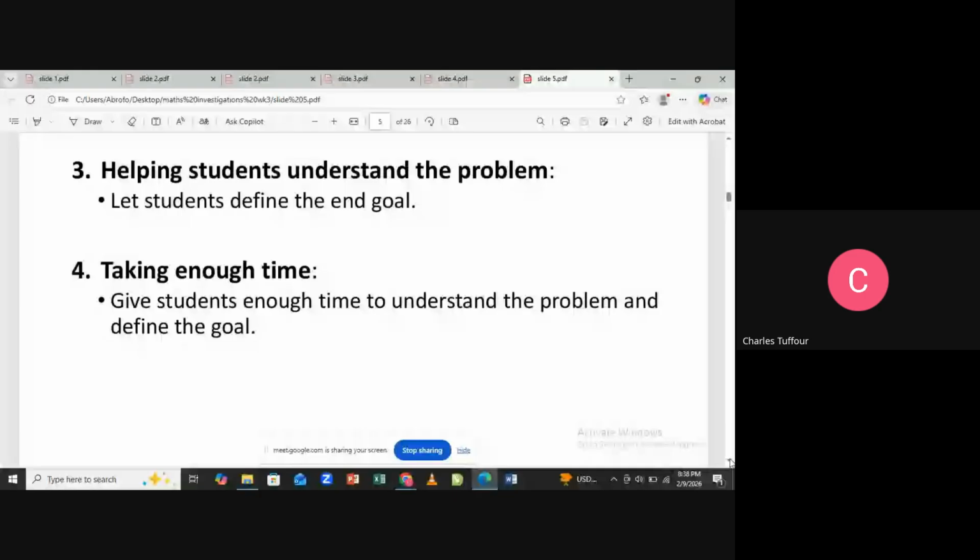In math, we also mean accuracy. If I couldn't finish, that is the time issue.